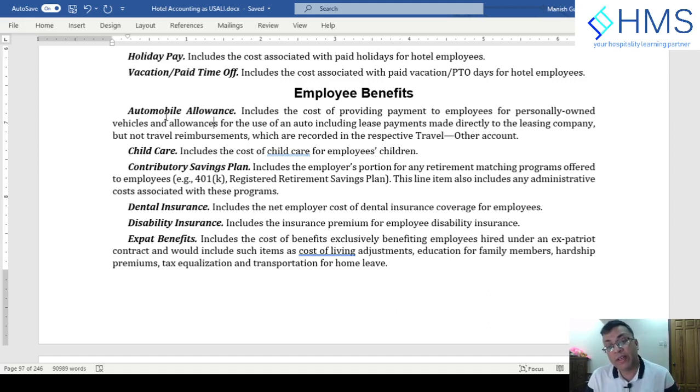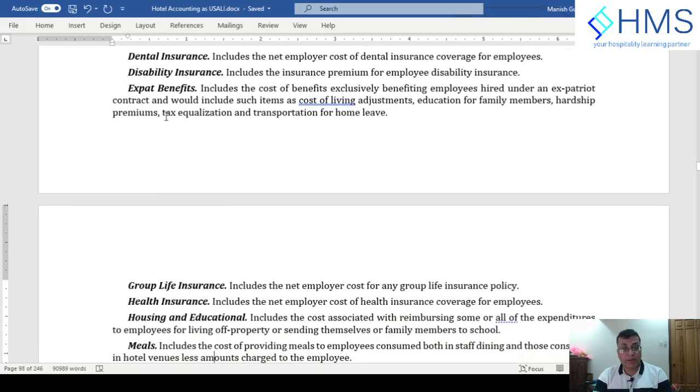Usually you will create a sub ledger for expatriate benefits covering the separate costs, including the payroll tax gross-up which you pay on behalf of the employee, the cost of accommodation, electricity, education for the expatriate kids, the cost of transportation to their home country on an annual basis, and relocation benefits, which will also be included here.